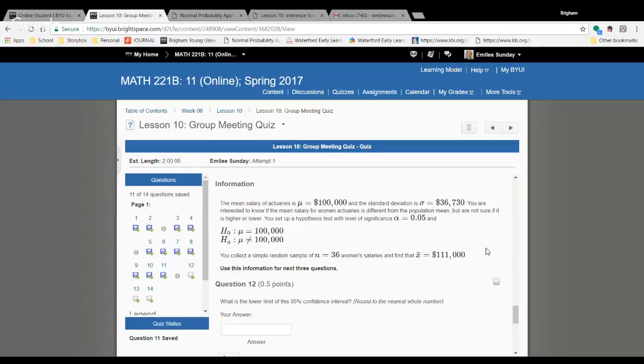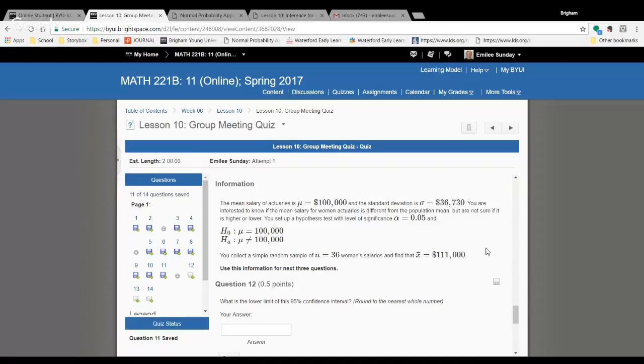All right, 1.96 times 36,730, right? Yeah. Why does it have to be so mean and give us these ridiculous numbers? Because my brain's not working. It makes it that much more fun. Divided by the square root of 36. Well, at least that's an even number. So 6, right? Yeah.